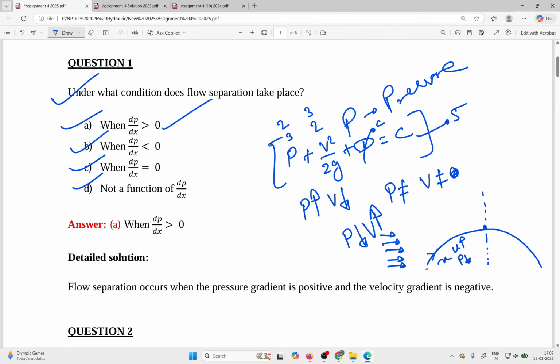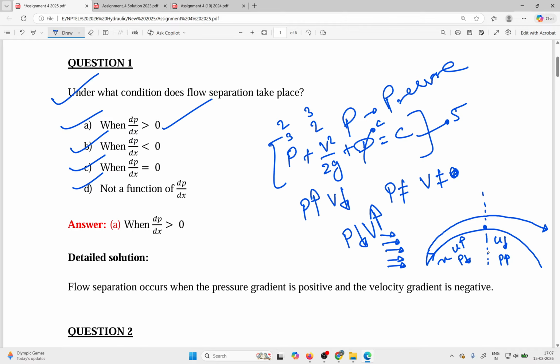As you know, the flow goes from higher pressure to lower pressure up to this. After that, what is happening? Your velocity decelerates, means velocity decreasing, so here your pressure will increase. So in this region you will observe the separation. Your boundary layer will be like that up to here, and after that it will separate like that. So remember please, this is boundary layer separation.